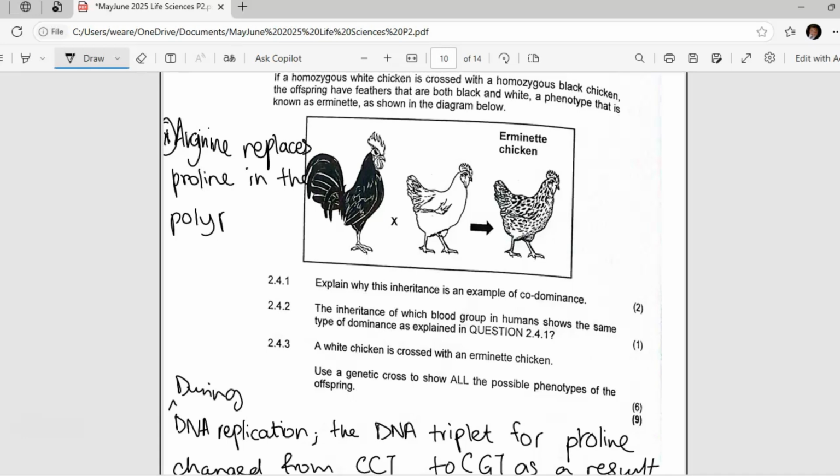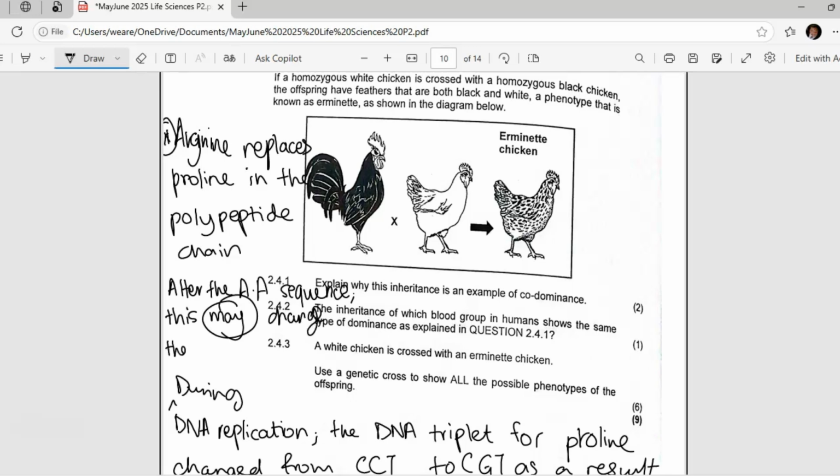You always want to say what happens and where it happens. What is this going to cause? Because of that change, it's going to alter the amino acid sequence. Remember, there's a sequence. And this may, emphasis on may, change the protein that must be formed.